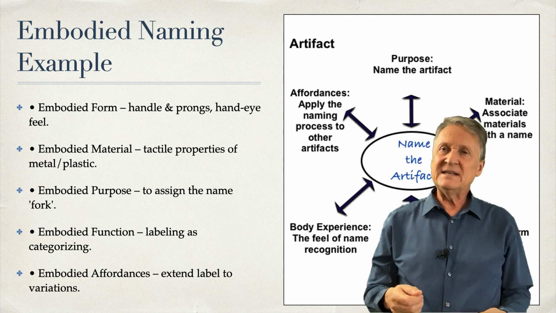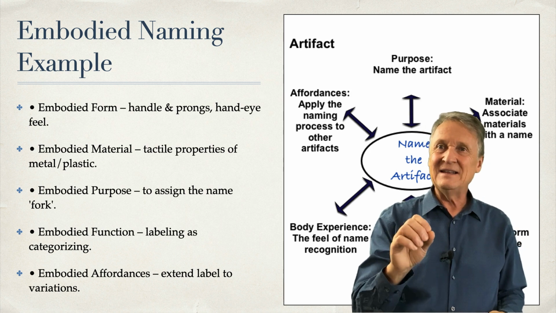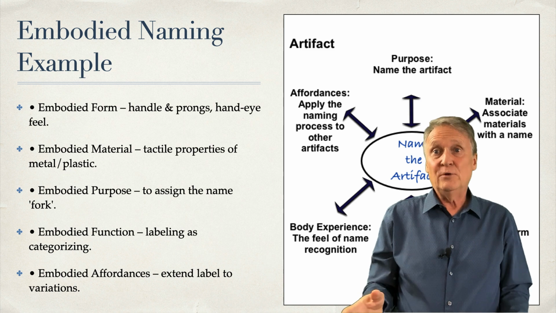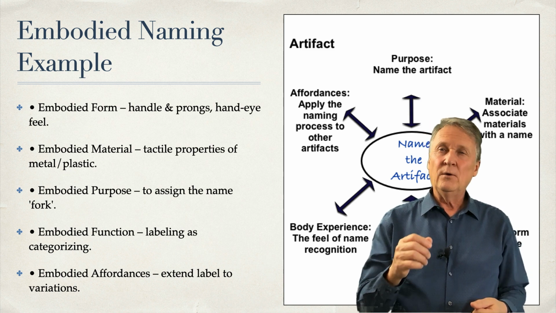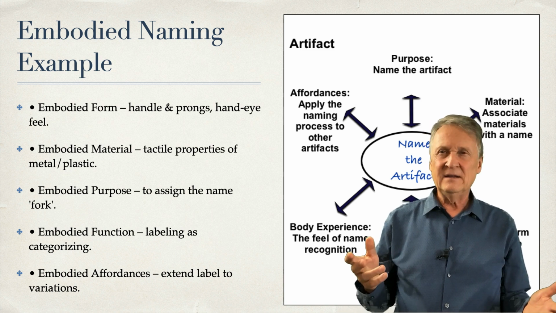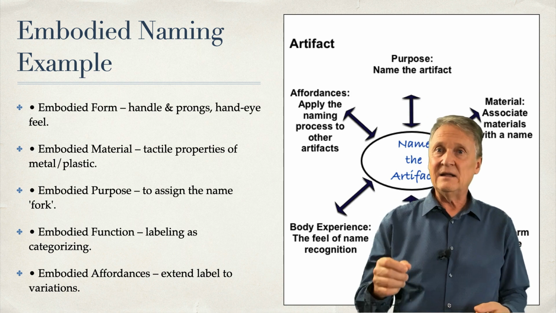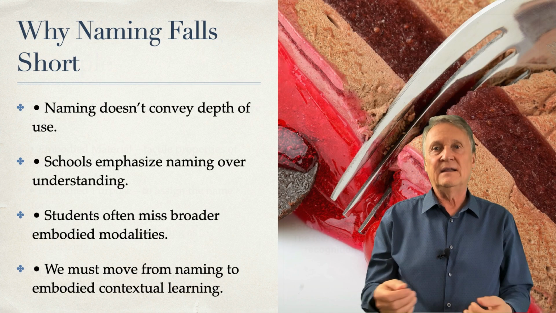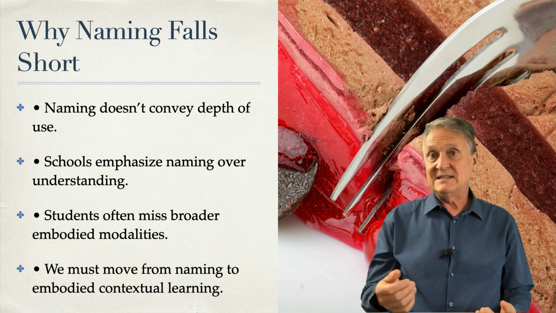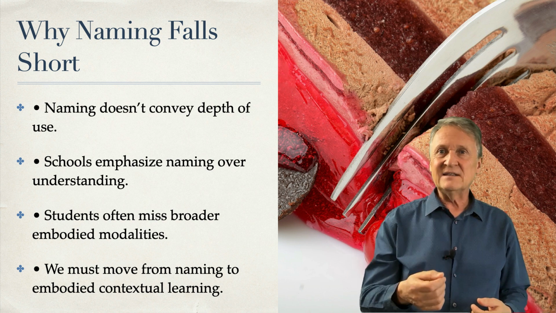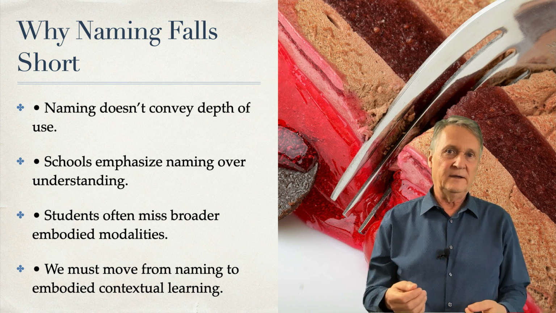You can probably sense just how limiting this labeling activity is in terms of understanding. While being able to name an artifact does provide us with the knowledge of the name, it does little else in terms of understanding. While this may seem obvious, it's still a practice that goes on in schools regularly.